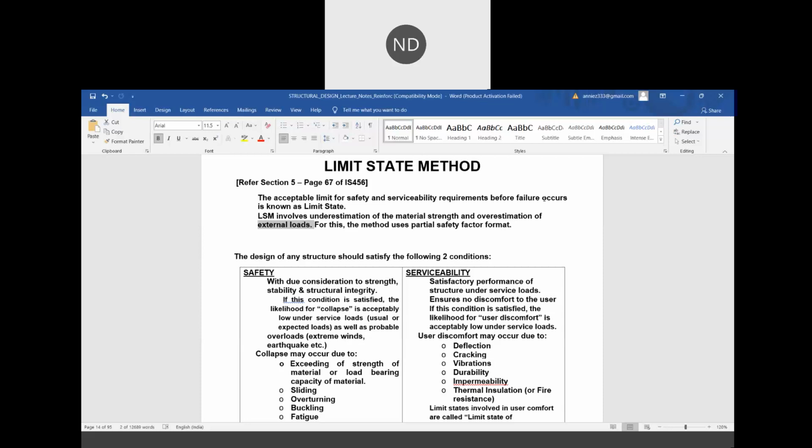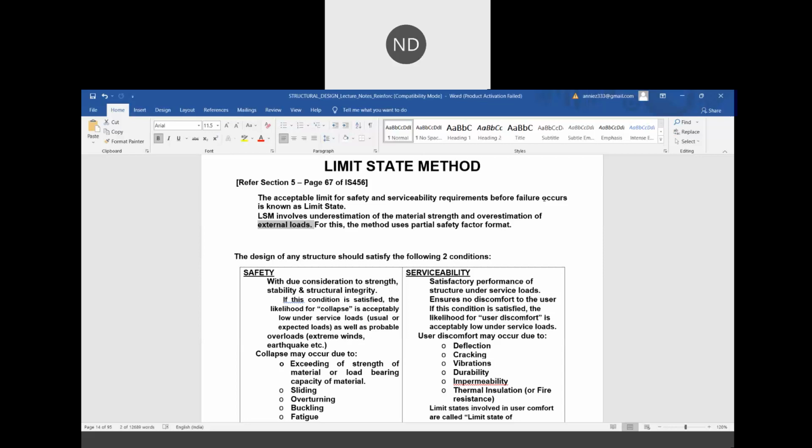Like if 500 kilonewton falls on this building, it can easily take that load. So your structure is designed in such a way that even if the maximum load is applied on the structure, it can take it easily. That is your limit state method.